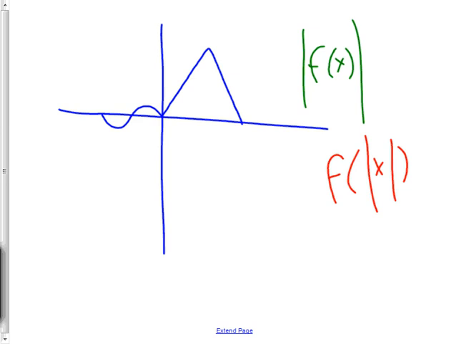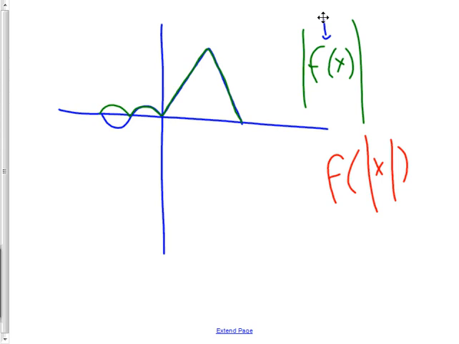Okay, so the first one, all the y's, see f of x is y. And all the y's need to become positive. They can't be negatives. So this part that's looped down there has to bounce up, and my final answer looks like that. Raise your hand if you had that one right. Okay, good. And the next one I'll do in red, and that is absolute valuing the x's.